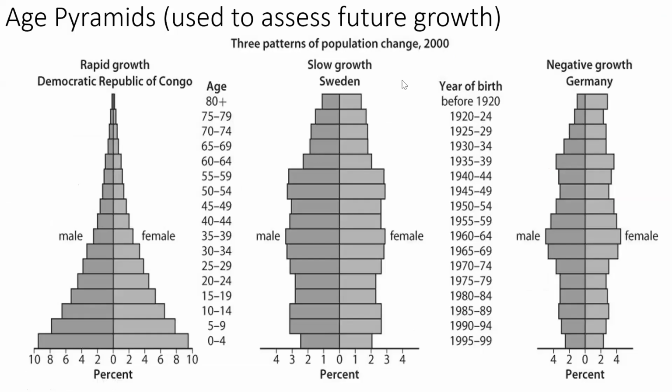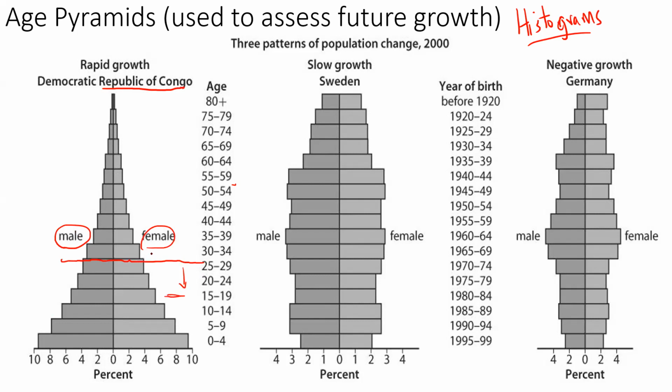Look at these population pyramids. These are called histograms. And if we take a careful look at these histograms, let's see what they're showing. Congo, there's my males, there's my females. A high percentage of my population is in childbearing age.